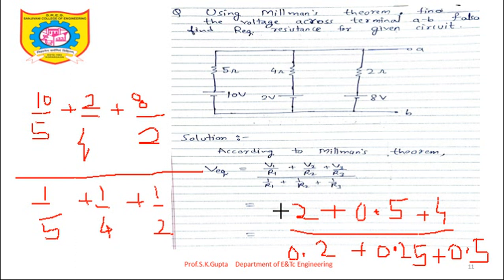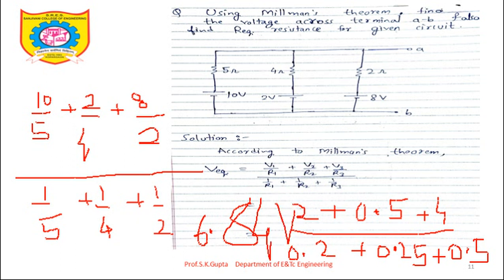So 2 plus 4 is 6, plus 0.5 is 6.5, divided by the denominator: 0.5 plus 0.2 is 0.7, plus 0.25 means 0.95. So 6.5 divided by 0.95, the answer comes out as 6.84 volt. So the V equivalent voltage is 6.84 volt.